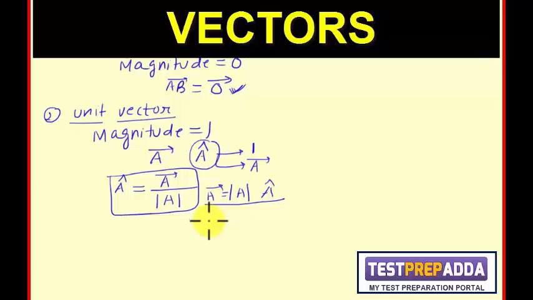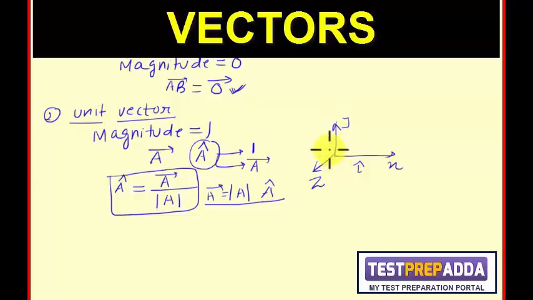We will learn applications of unit vector later on, but if I talk about the axes, x-axis, y-axis and z-axis, the unit vector along x-axis is written as i cap.